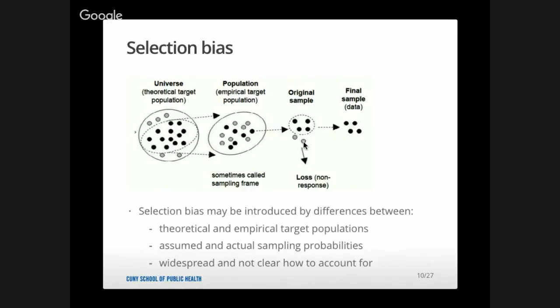There are, again, some, I guess, culturally acceptable amounts of non-response. So for health surveys where you do a random sample and then contact people until they agree to be part of your study, if you can get a 75% response, that's considered pretty good. 25% loss.